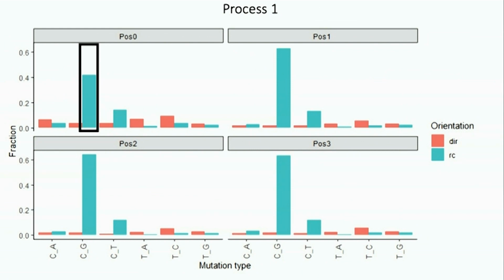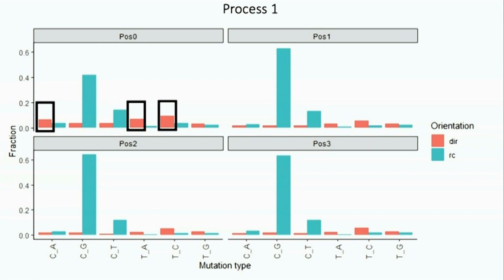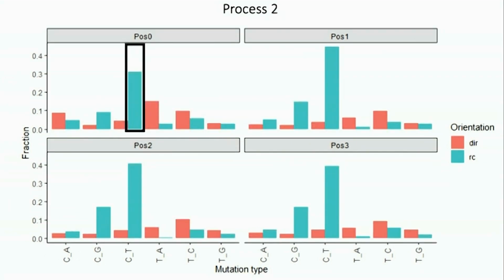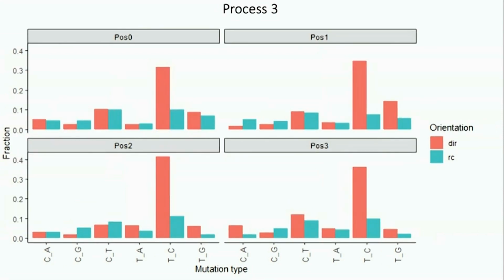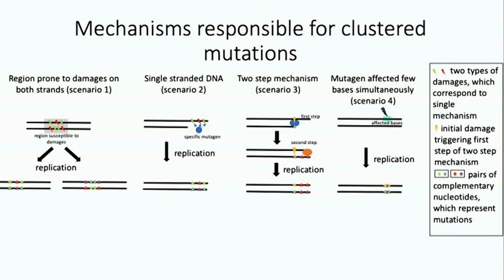And the amazing thing here is that the first position has a slightly different spectrum compared to the rest of the positions. This is process 1, and these are the mutations enriched in the first position compared to the other positions. Process 2 has the same property, and process 3 we couldn't talk about in the 5 minute time frame.